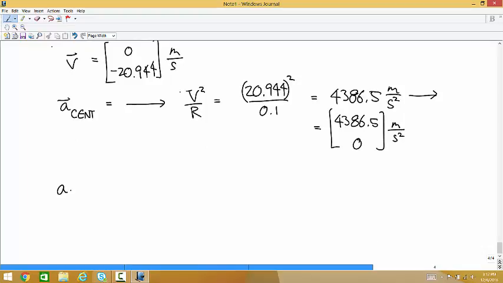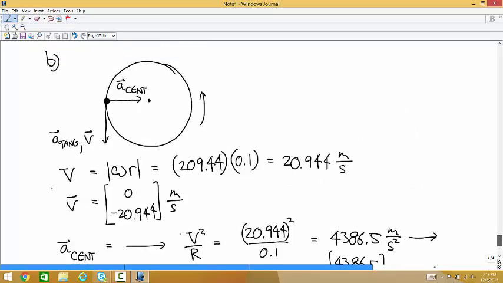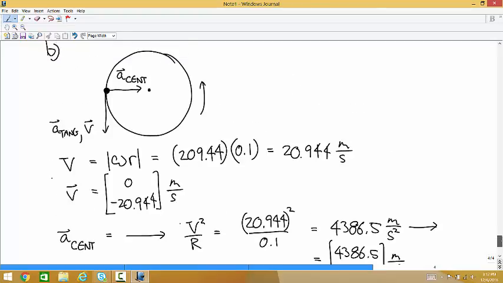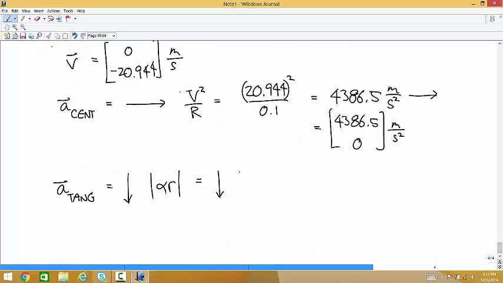And now the tangential acceleration. We already know that that's pointing down. And we're going to calculate that as angular acceleration times r. So that's down. Angular acceleration was 209.44 multiplied by 0.1.